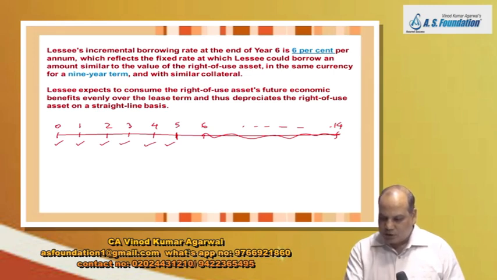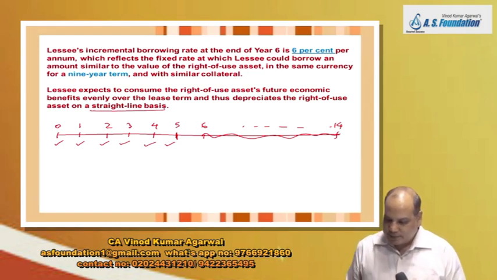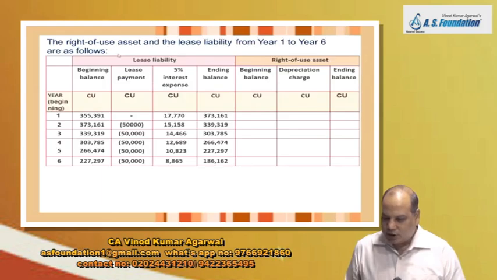Which then the lessee expects to consume the right of use asset's future economic benefit evenly over the lease term and thus depreciate the right of use asset on a straight line basis. So see the calculation. First I will have to reach what was my balance at this point in my liability account and what was my balance in asset account.